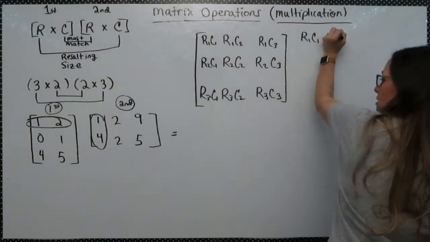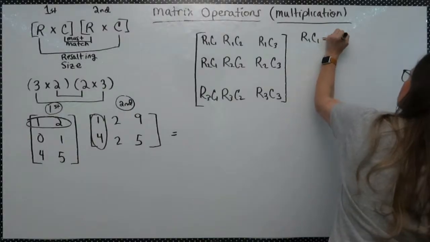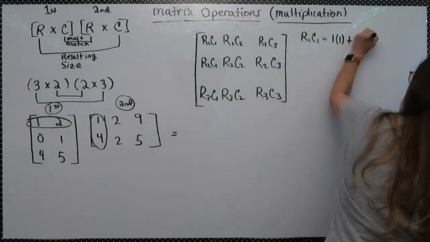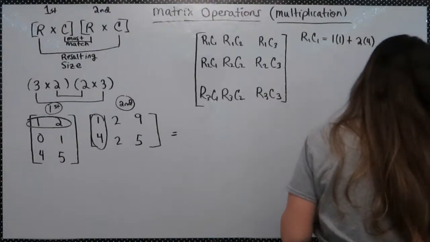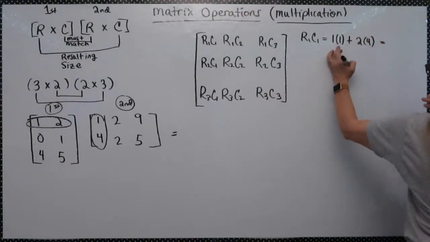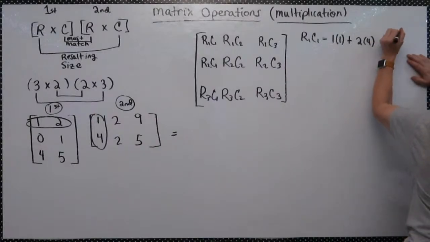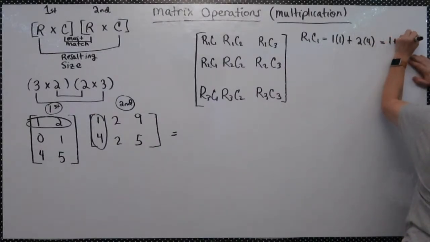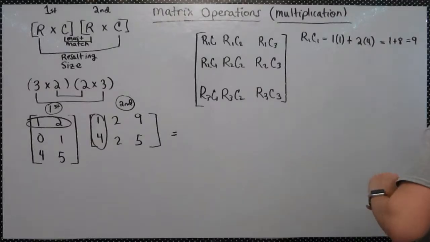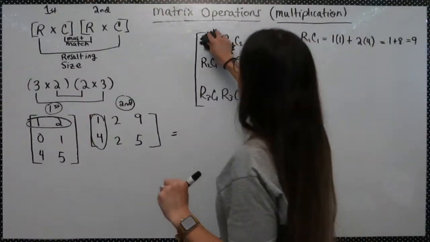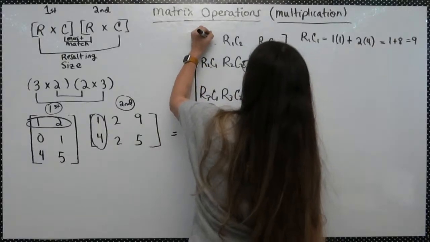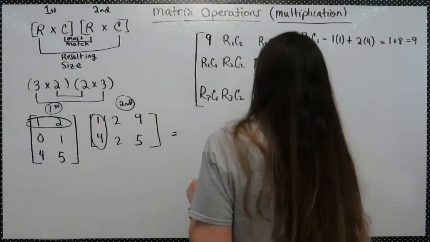So it's 1 times 1 plus 2 times 4. And that's 1 times 1 is 1, and 2 times 4 is 8. So that gives me 9. So I will just erase this here, and I will replace that. That's my first position. I'll put the 9 there.